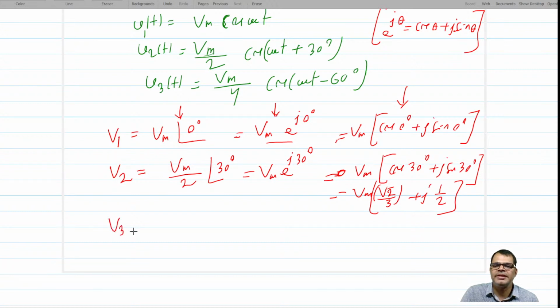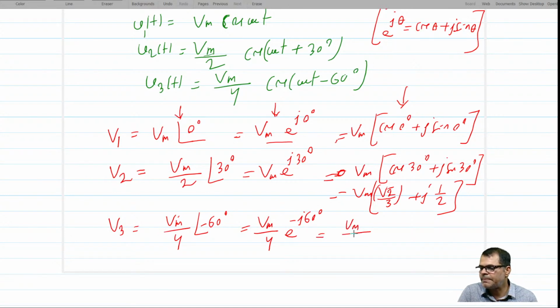Similarly, V3 I can represent as Vm upon 4 angle minus 60 degree, or Vm upon 4 e raised to the power minus j 60. All these are same, that's why I am using the equal sign. Don't be confused between the rectangular and exponential representations.